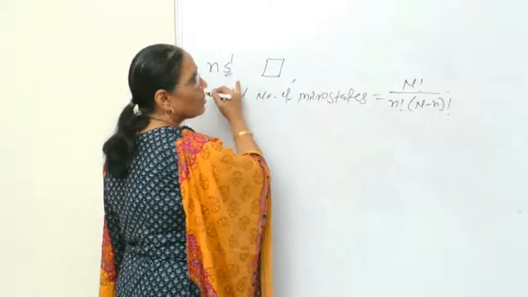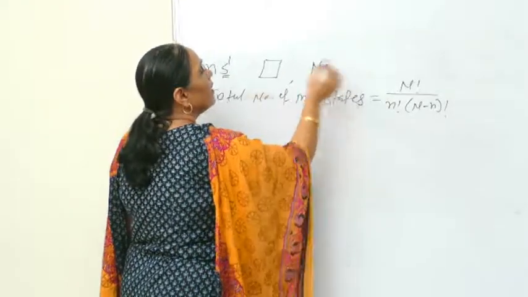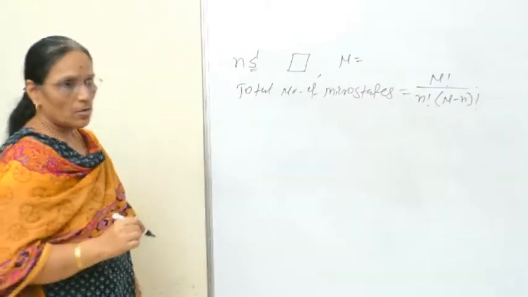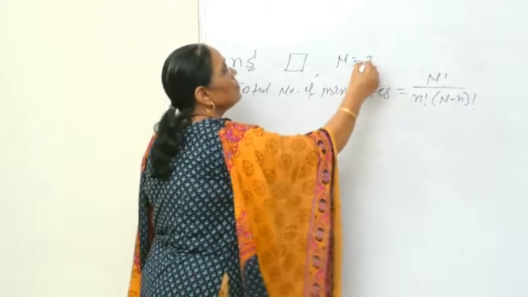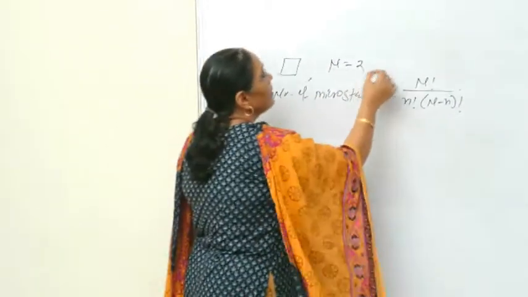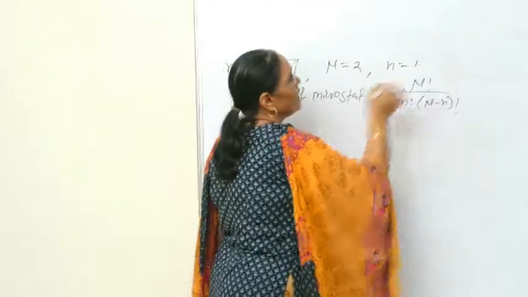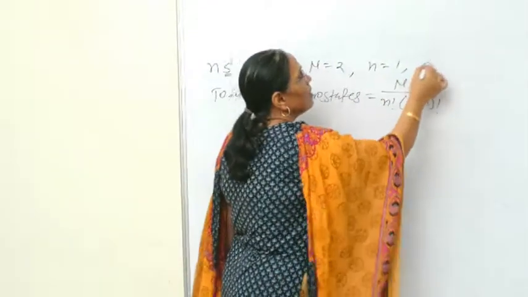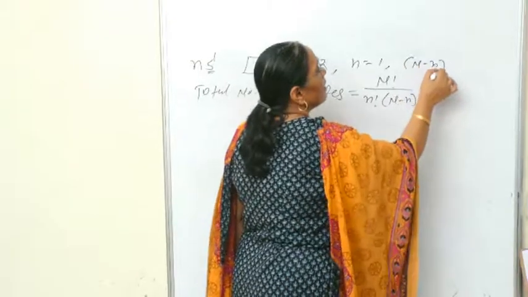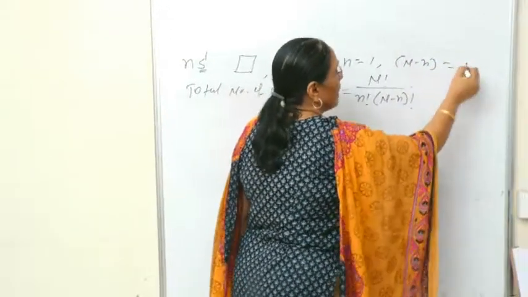Therefore, for the s orbital, capital N, that is the electron capacity, is 2. Small n, the actual number of electrons, is 1. Therefore, N minus n will be 1.